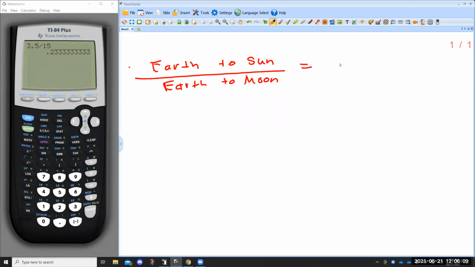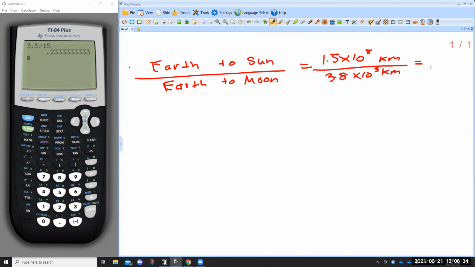In real life, Earth to Sun is 1.5 times 10 to the 8th kilometers. Earth to Moon is going to be 3.8 times 10 to the 5th kilometers.